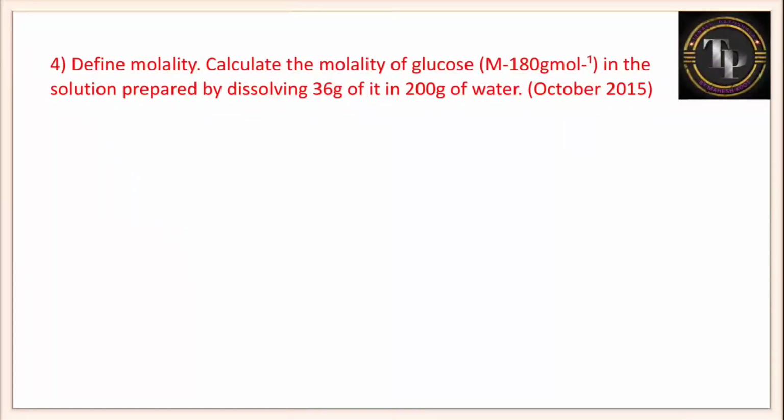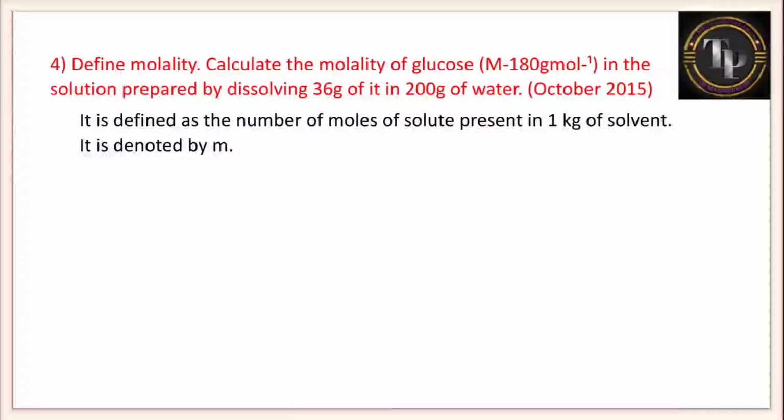So the weight of glucose is 36 gram, the molar weight of glucose is 180 gram. 200 gram of water means the solvent weight is given. Solvent is water, solute is glucose. They are asking for molality.